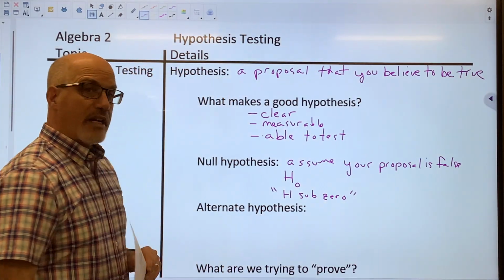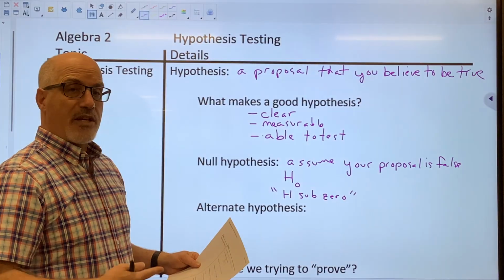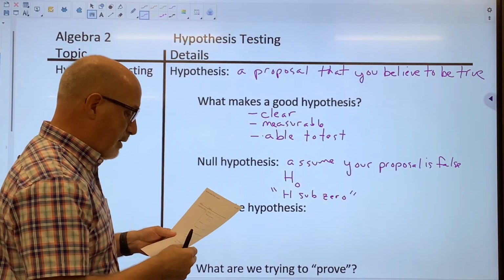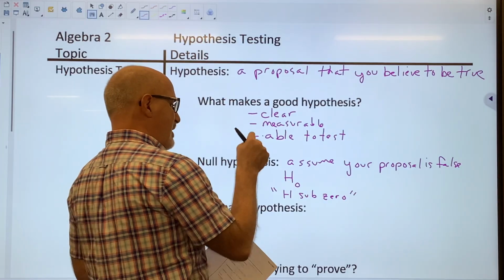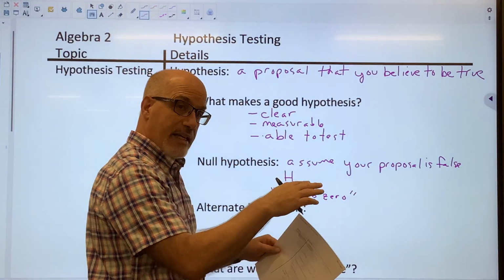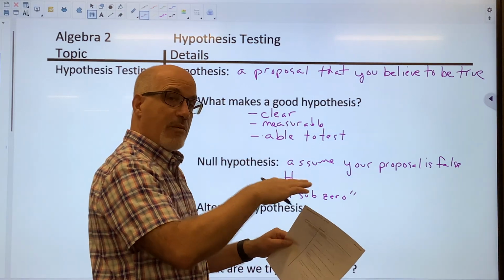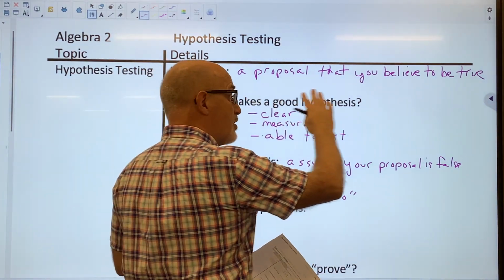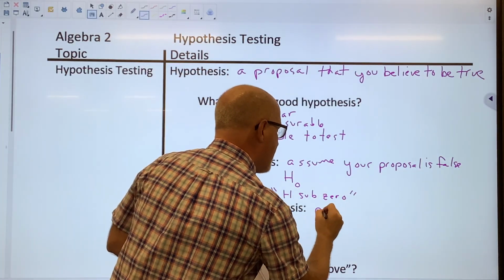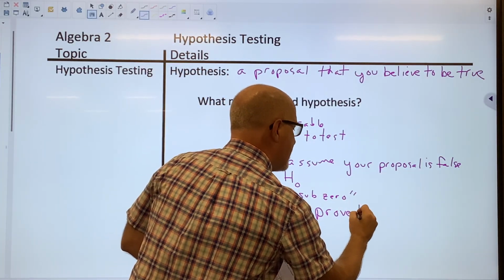Now the alternate hypothesis, this is the thing that you want the burden of proof to show, and it will be what you believe to be true. You want to prove that the null hypothesis is false, so, again, the counterintuitive part, a double negative would make what you originally believed to be true.